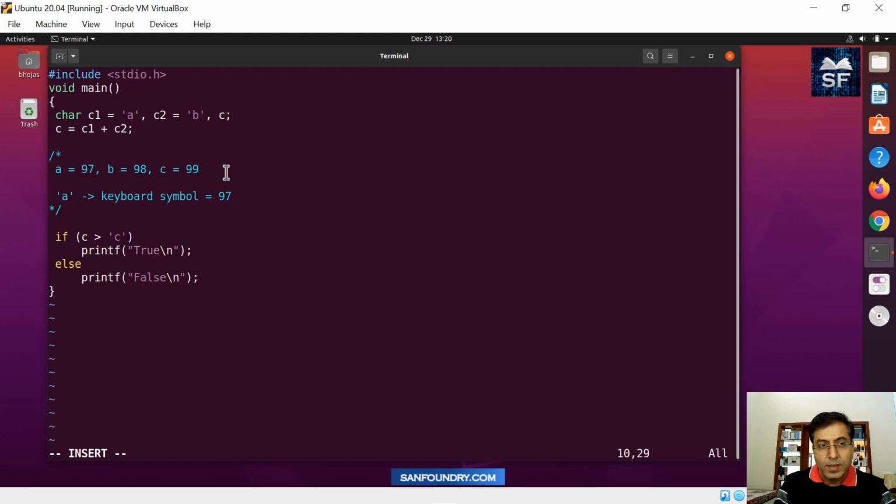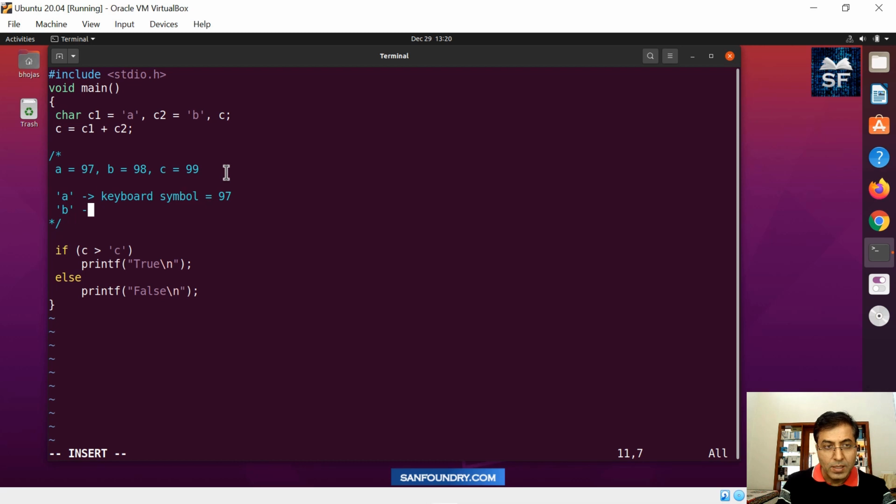When you talk about another symbol, which is B, the keyboard symbol B has an ASCII value of 98. So ultimately B is stored as 98. Suppose you add these two now.